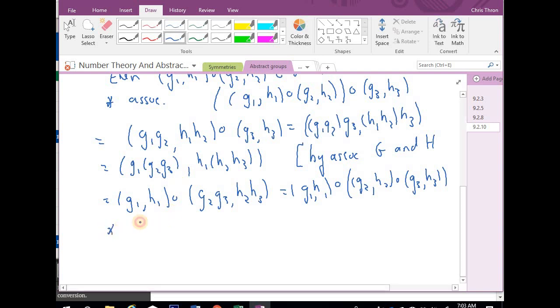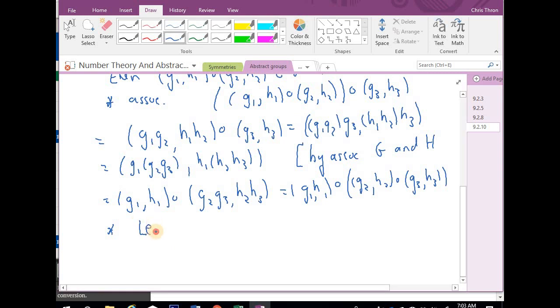Then identity should be very straightforward. Just exhibit an element such that the product gives you the original result.